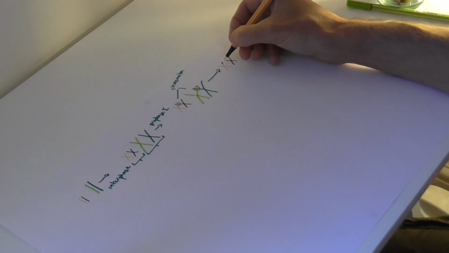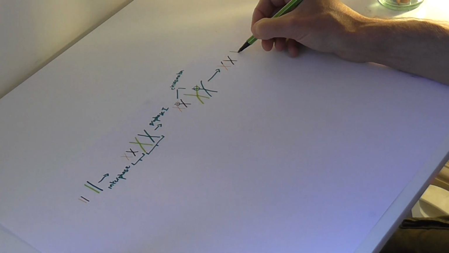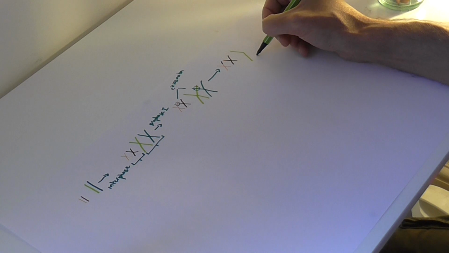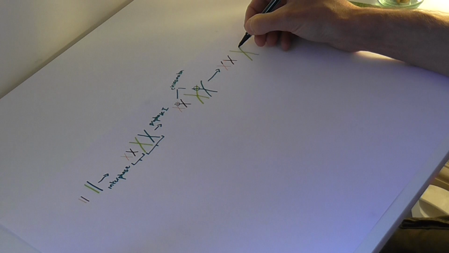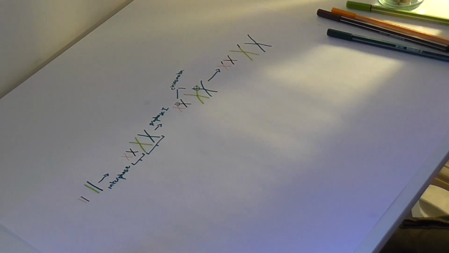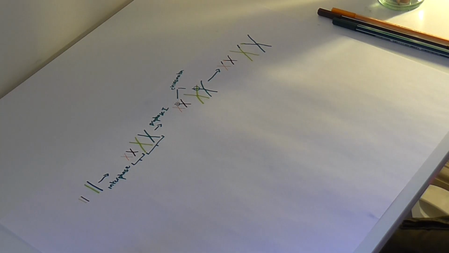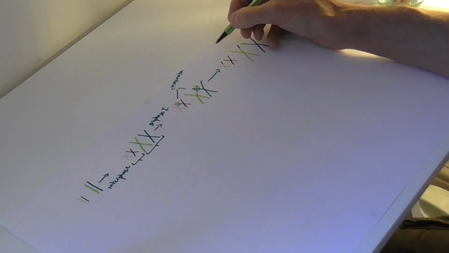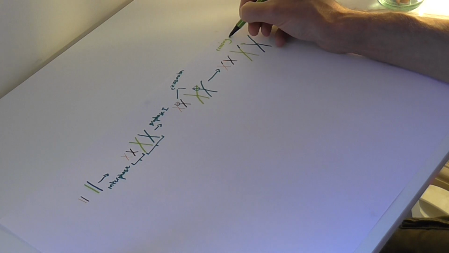So we'd have something like so, and with our other bivalent, we would have something like this. So what we can see here then is that crossing over has now been completed.